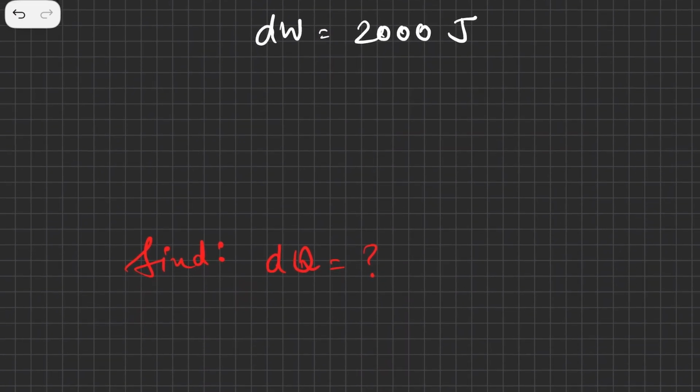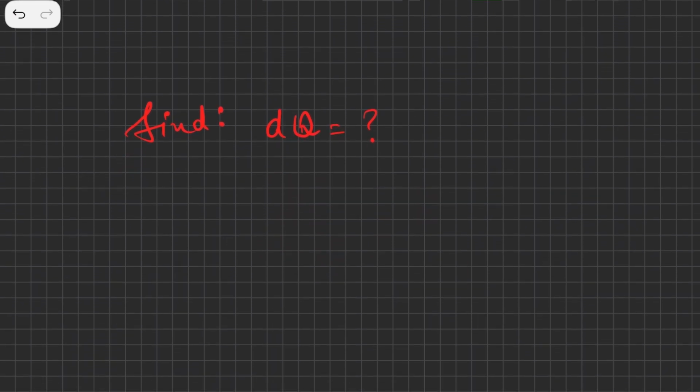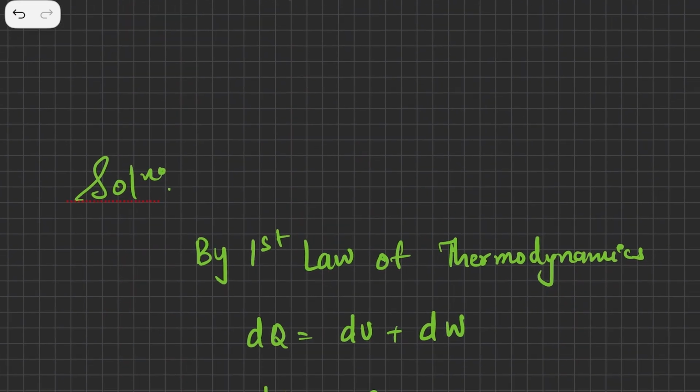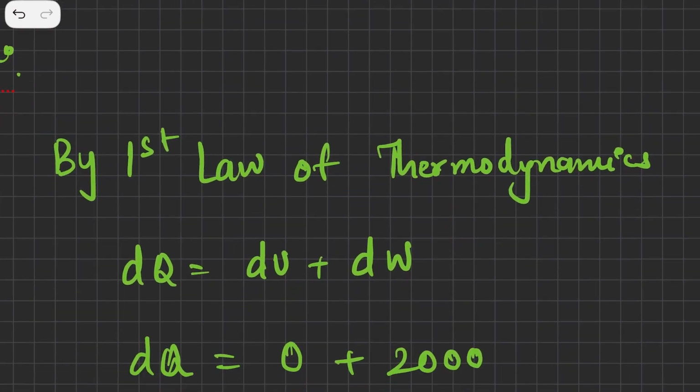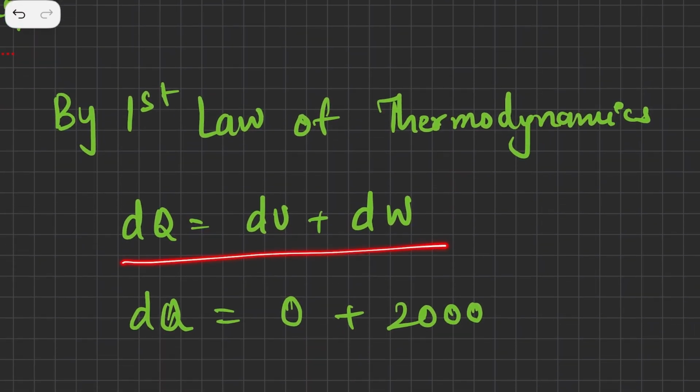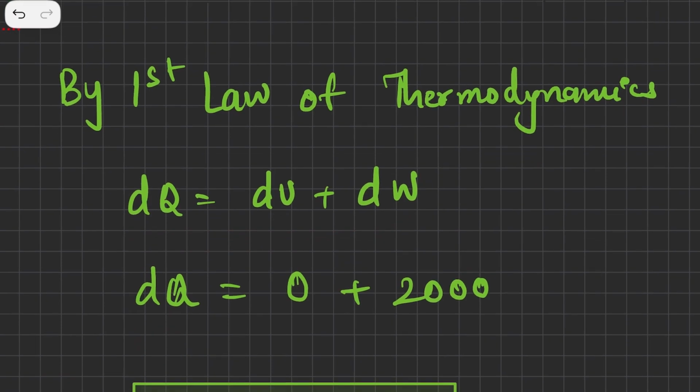Now what they are asking is, what is the heat added? So how much energy is going to be added to it? It's a very simple problem, but we just have to apply the first law of thermodynamics. The first law of thermodynamics says dQ is equal to dU plus dW. Now dU is 0. They have mentioned it's an isothermal process, so dU is 0.